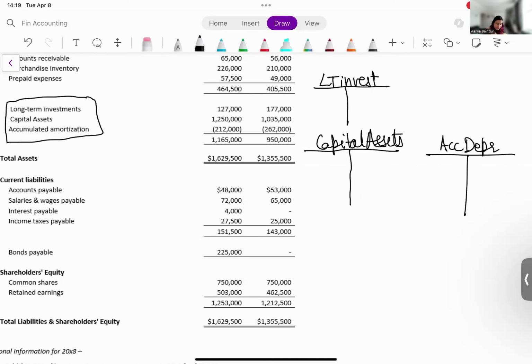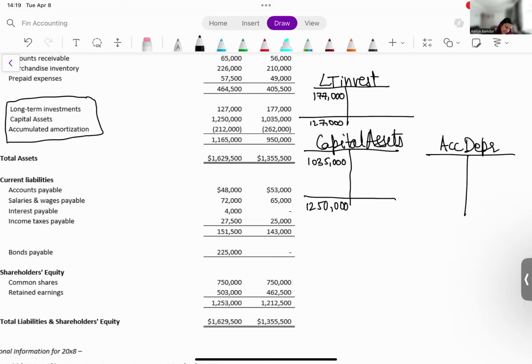So let's put on all the starting balances. For long-term investments, it started off at 177 and went down to 127. Capital assets started off with 1035 and went up to 1250, 123.